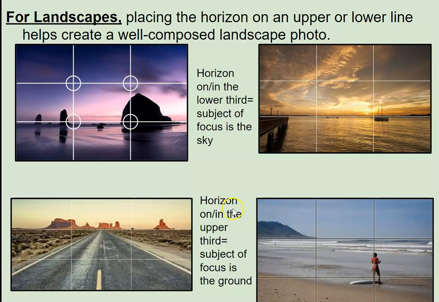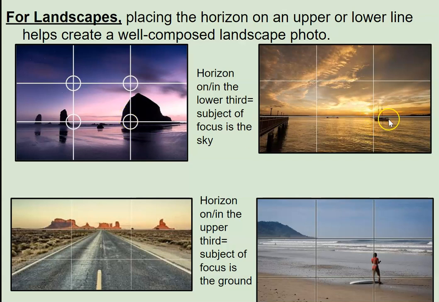In these bottom 2 images, the horizon line is placed in the upper third of the picture, giving more space to the land rather than the sky. Something else I want you to notice with each of these pictures. Notice where 2 lines intersect. So in this picture, the rock is placed at one of those intersections.